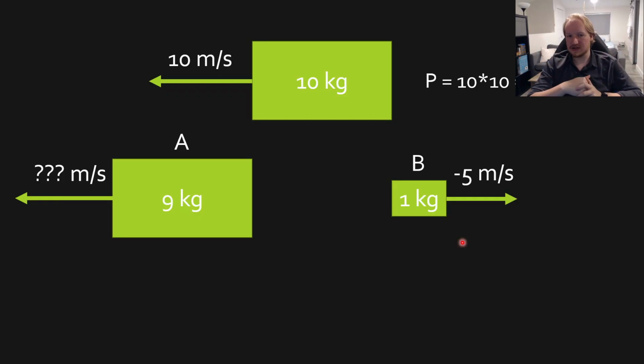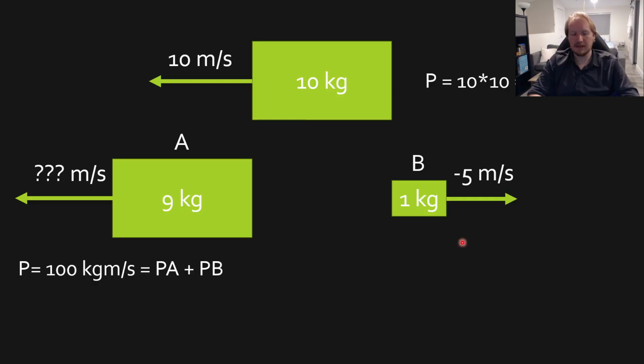So that's something that we wanted to figure out using consideration of momentum, because momentum, as long as you're not using any outside forces, is going to stay conserved in the system. So we can say that our total momentum, 100 kilogram meters per second, is going to be equal to the momentum of the spacecraft A and the ejected propellant B. And we know that the ejected propellant B has a mass of 1 kilogram and a speed of 5 meters per second, which gives us a total momentum of 5 kilogram meters per second, again in that rightward direction.